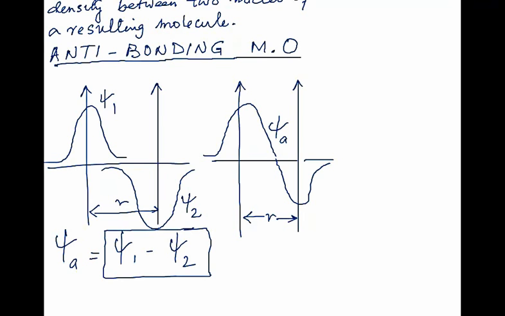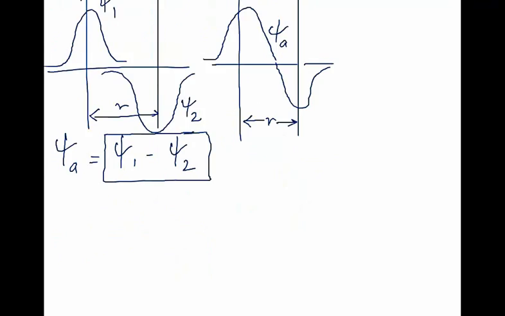Now how can we represent the probability of finding an electron in an antibonding MO?